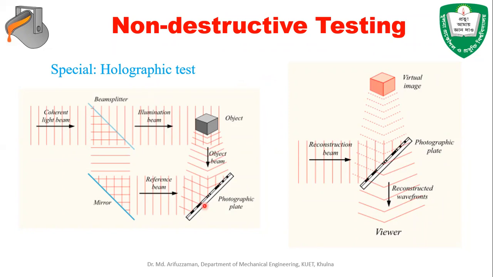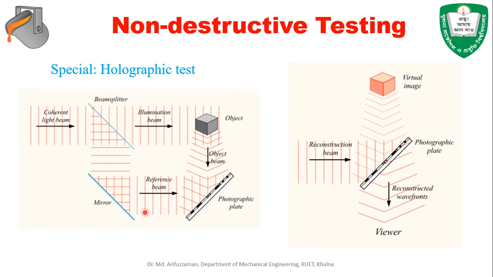In this case, what happens is that the plate property changes. Initially the plate has a plain color, but when you put it in this region and you use the coherent light beam, that means a very small wavelength light beam, a portion of the reference beam is constant.